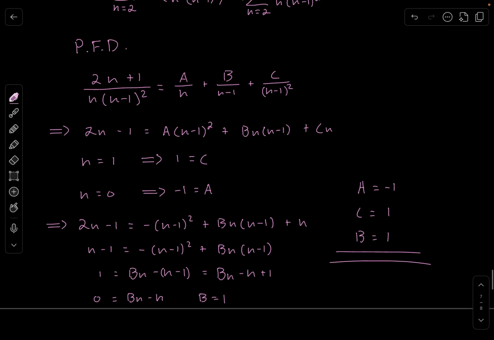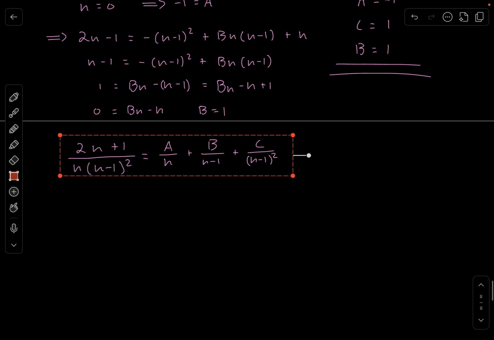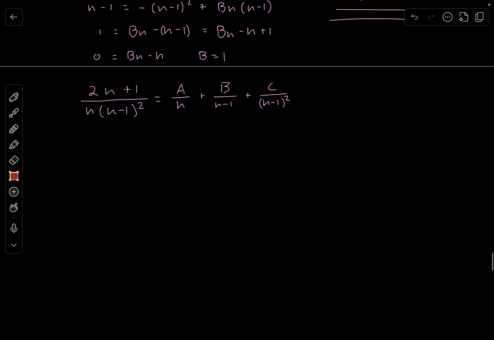Okay, so now we take this equation, move it down here. So we get minus 1 over n plus 1 over n minus 1 plus 1 over n minus 1 squared.